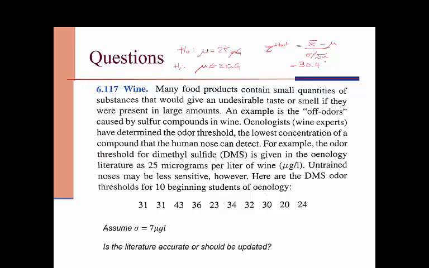Okay, and our mean that we are hypothesizing is 25. It says assume sigma is 7. Okay, so 7 divided by square root of 10.